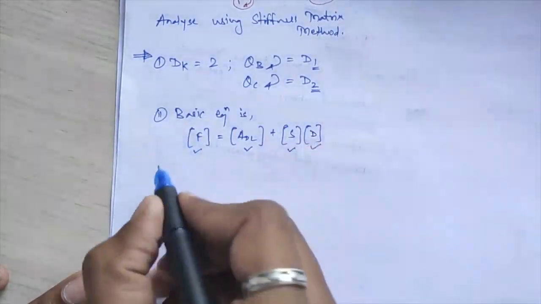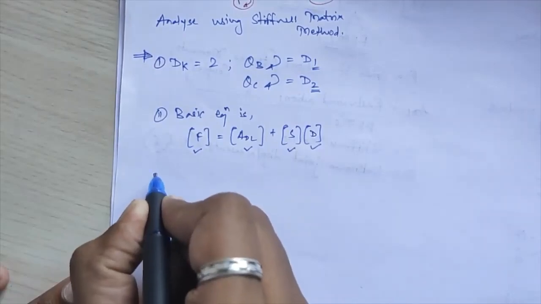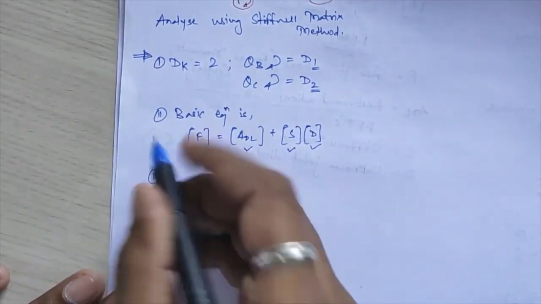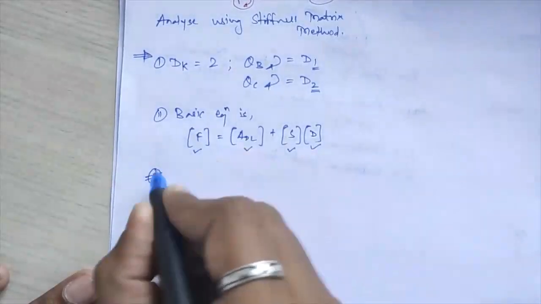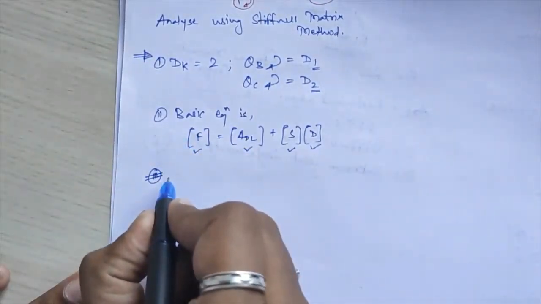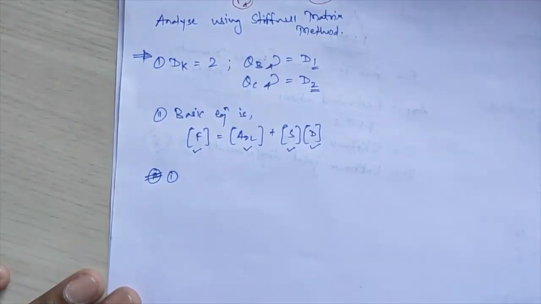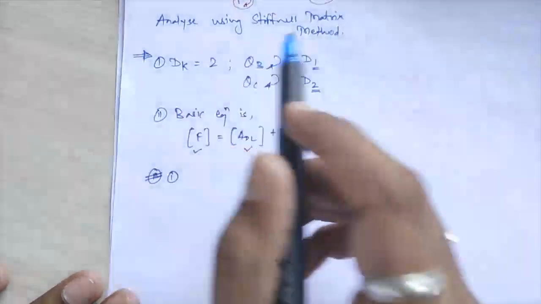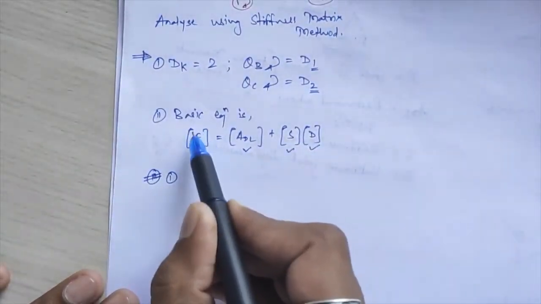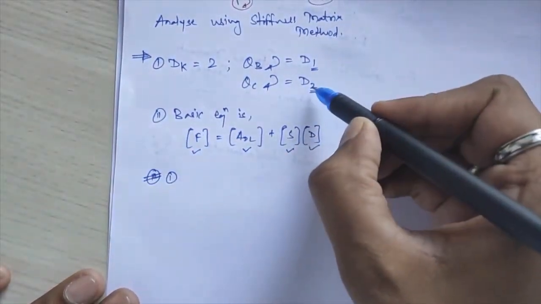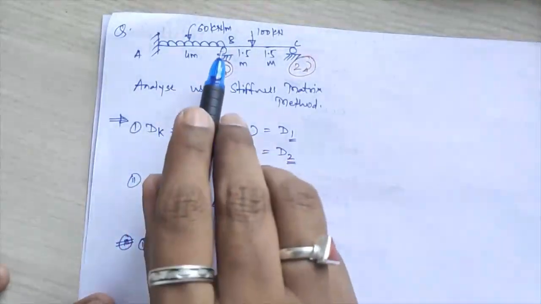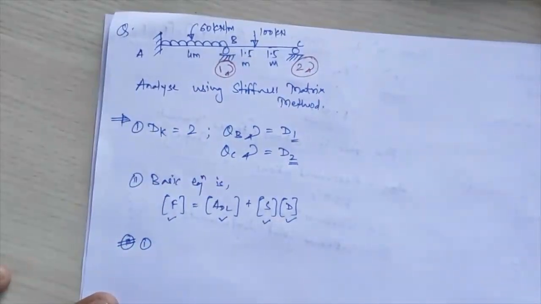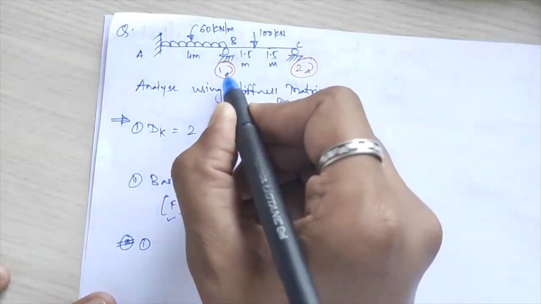In that, first I'll calculate the F values over there. So here first I'll write that F matrix. For the F matrix, what you have to do here, you have to see along your first and second coordinate, whatever you have assumed, is there any corresponding force or moment provided. Now see, here you have assumed theta as your redundant over here.